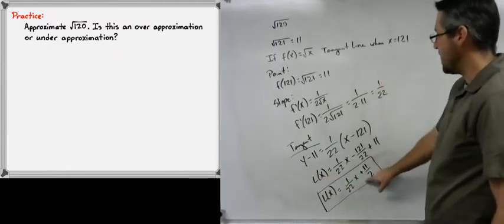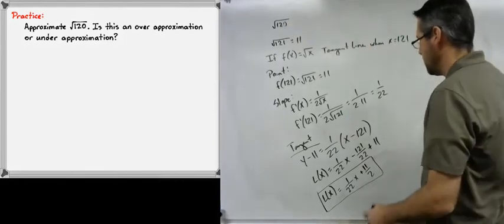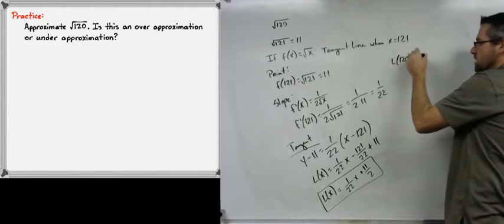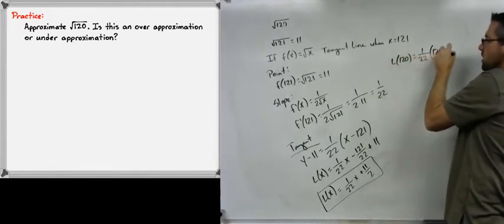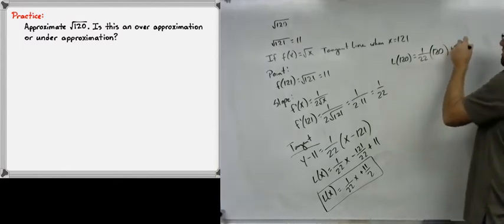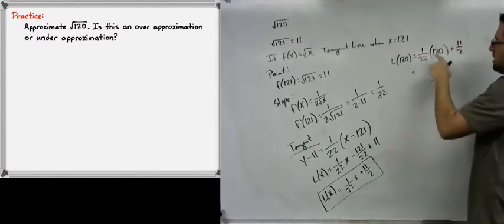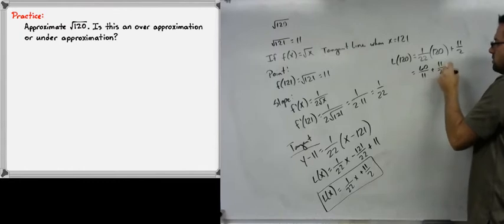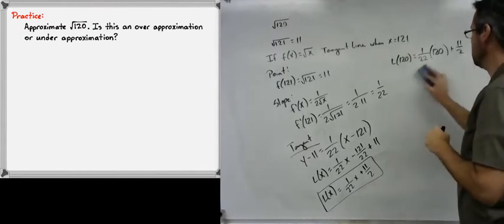Now I'm going to use that to approximate the value of the square root of 120. So we would say that L of 120 is equal to 1 over 22 times 120 plus 11 over 2. And then we can simplify that a little bit. That would be 120 over 22 plus 11 over 2, or we can find a common denominator here.